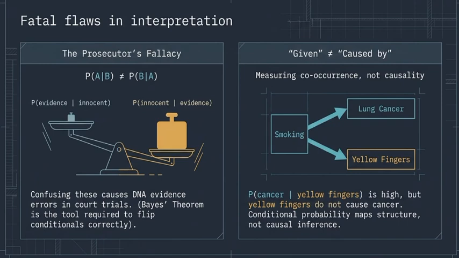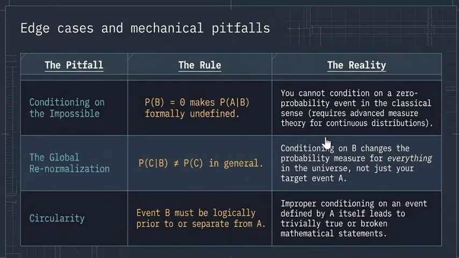So this breaks on continuous distributions and requires more careful treatment, and this is a major theory which we will cover in a later topic. Moving on forward, conditioning on B changes P for everything, not just A. Once you condition on B, the entire probability space is renormalized. So probability of C given B is not equal to probability of C in general for any event C. Remember it.